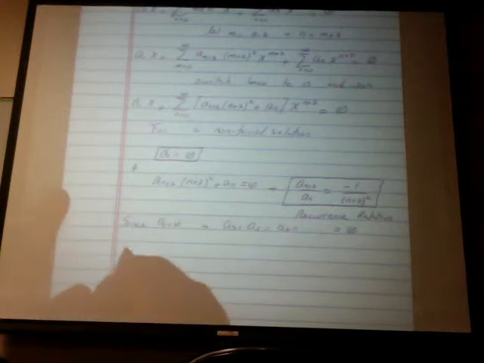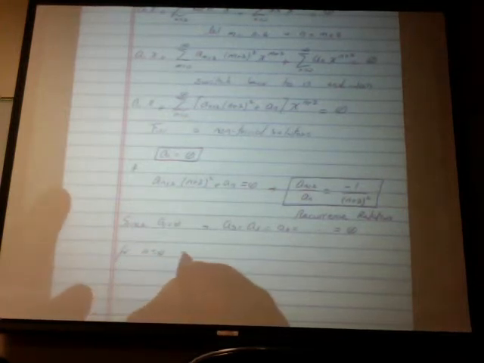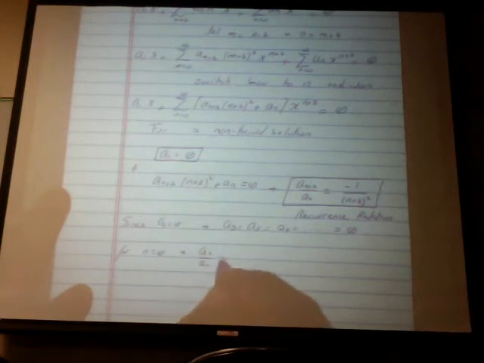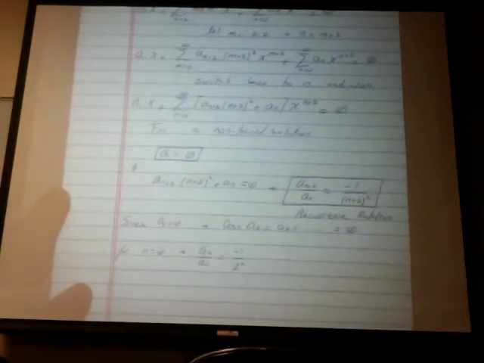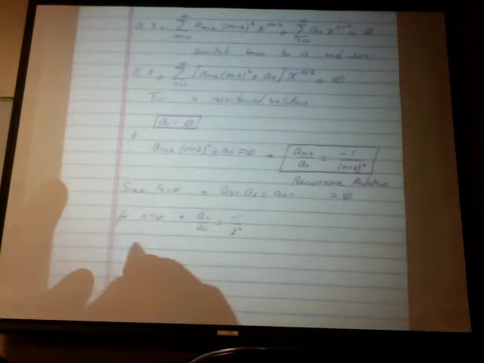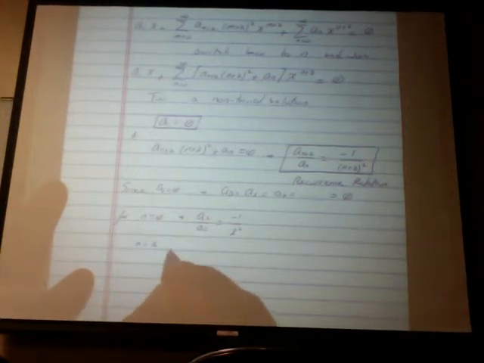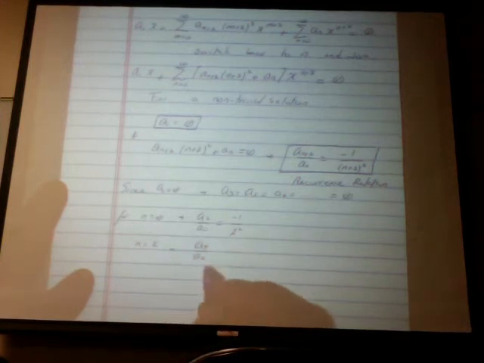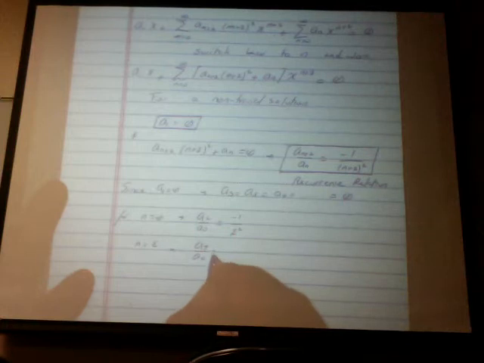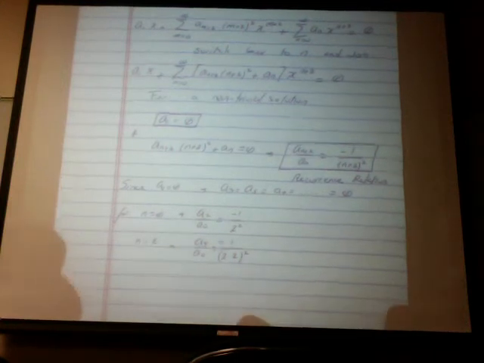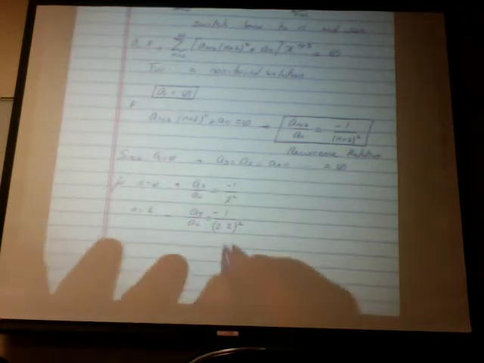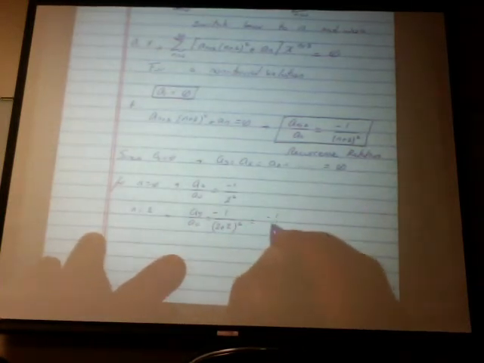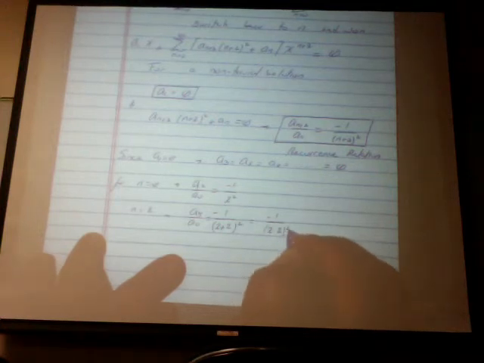So, for n equals 0, we have a2 over a0 equals minus 1 over 2 squared. For n is equal to 2, we have a4 over a2 is equal to minus 1 divided by 2 plus 2, sorry, which is equal to minus 1 over 2 times 2 squared.